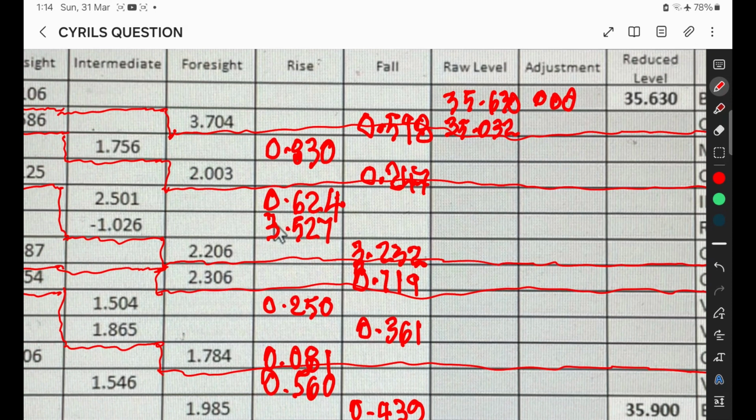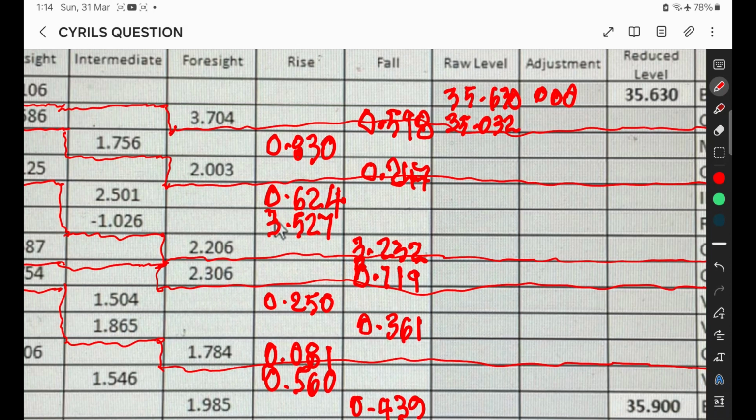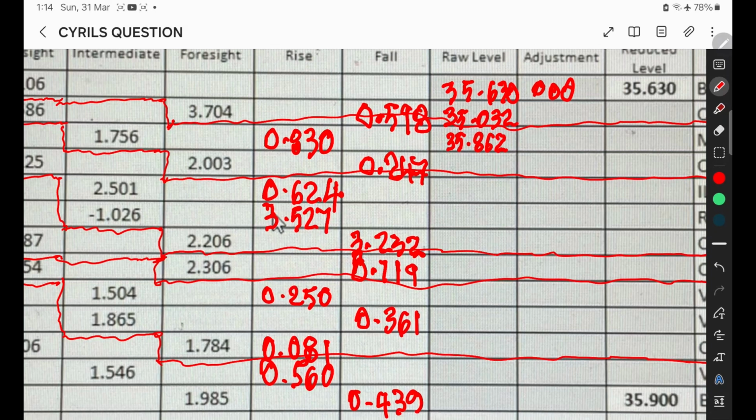So, write them in. 35.032. 35.862 for that one. And then minus 0.247, 35.615.